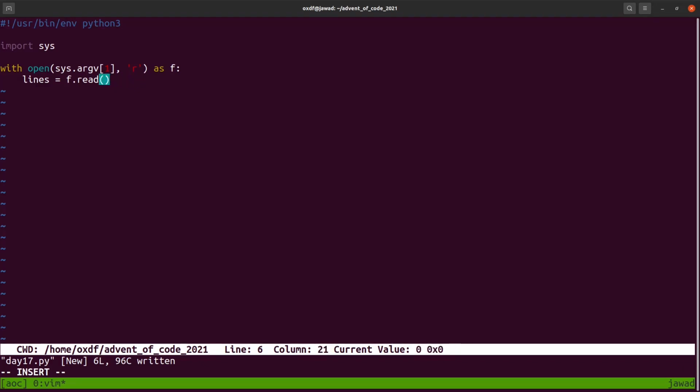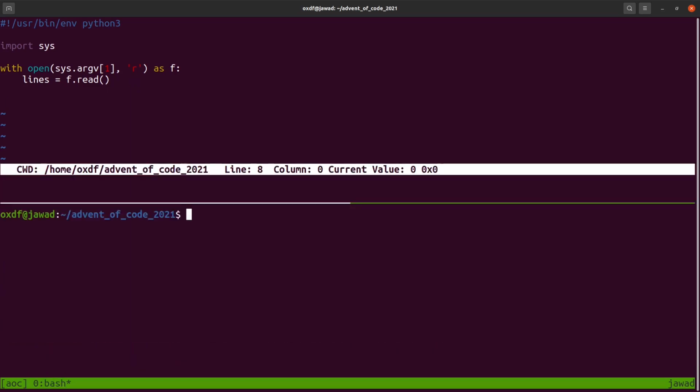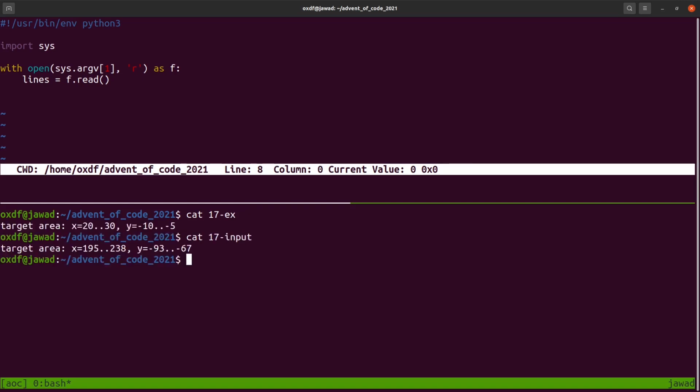First thing we do is figure out how to parse the data. Let's cat 17 example, that's the example, and 17 input is that. In both cases, I'm going to make some assumptions here. I'll get to that later. So first, we've got to figure out how to parse it.